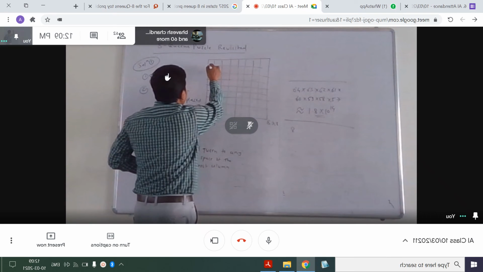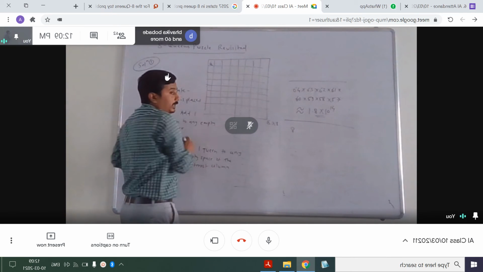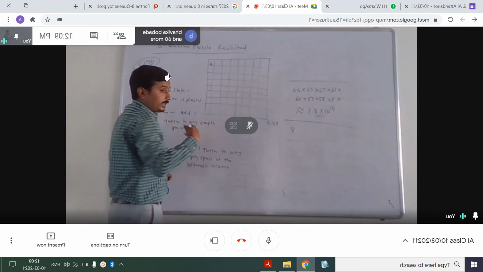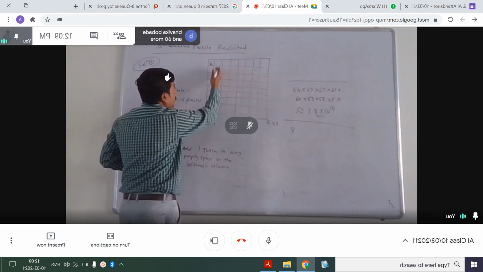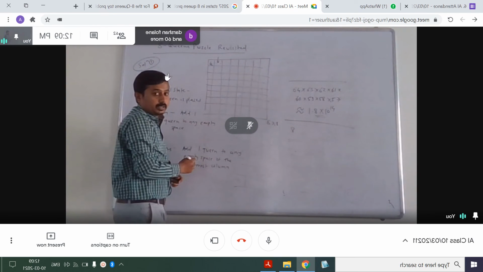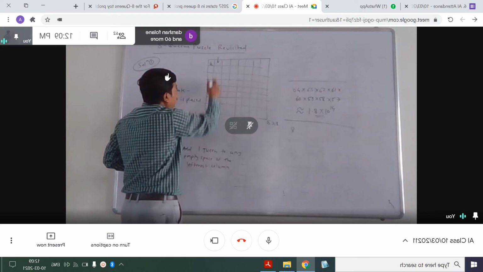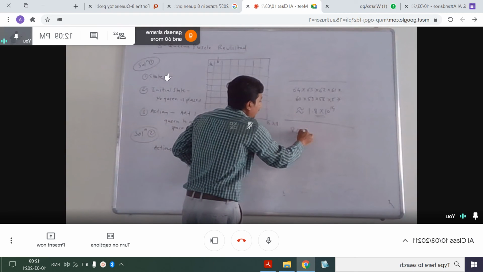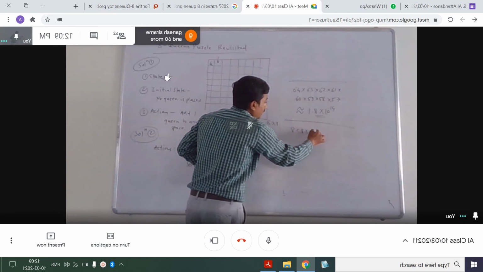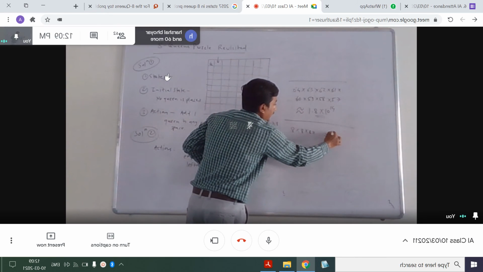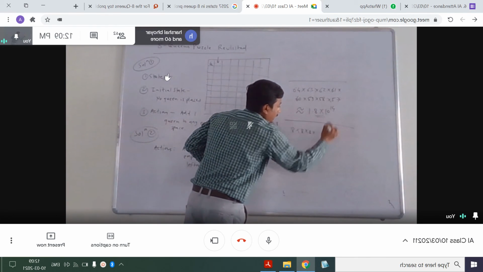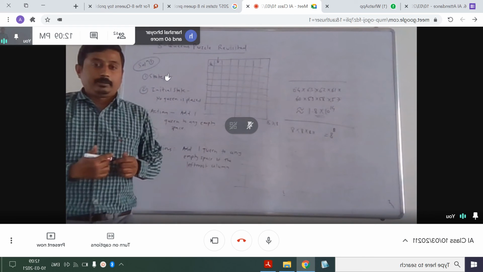Now for the second queen, the leftmost column will be this one, right? I can place the queen anywhere. So now it will be 8 and 8. So it would be 8 raised to power 8. Getting my point?